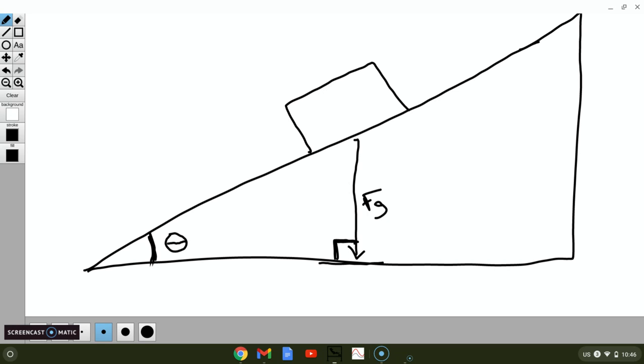We will draw one component that is perpendicular to the incline, and one that is parallel to the incline. This component we call the perpendicular component, and this component we call the parallel component.